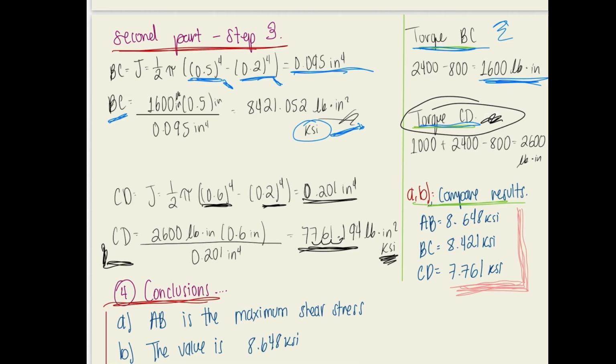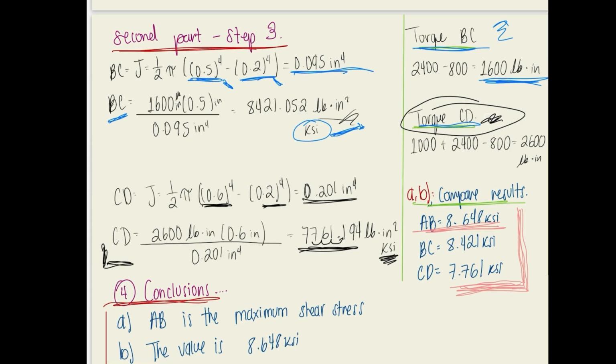As we can notice, the biggest is at AB. That's the point with the biggest stress, with maximum shear stress. So for letter A, we can conclude that the answer is AB, where the maximum shear stress happens.